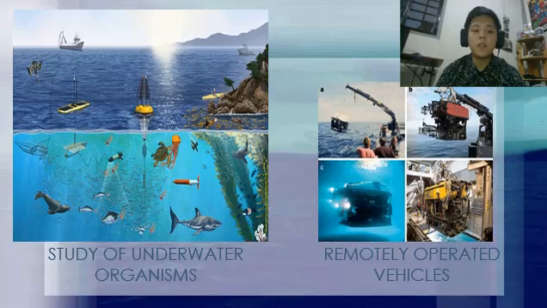ROVs and AUVs carry equipment like video cameras, lights, robotic arms to grab things.